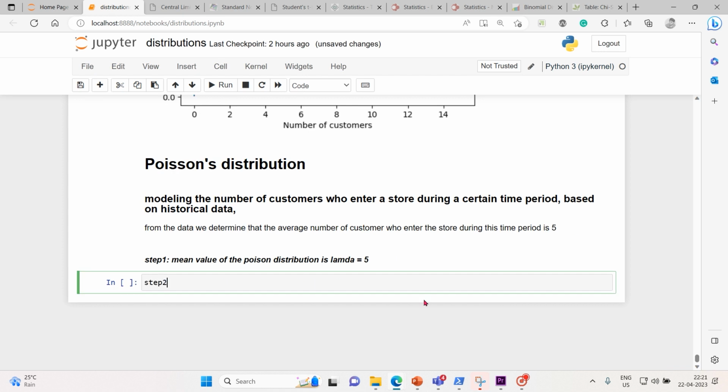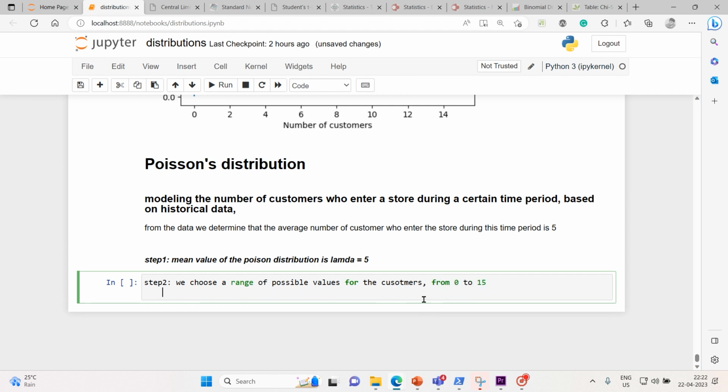Next, step 2, we choose a range of possible values for the number of customers from 0 to 15.